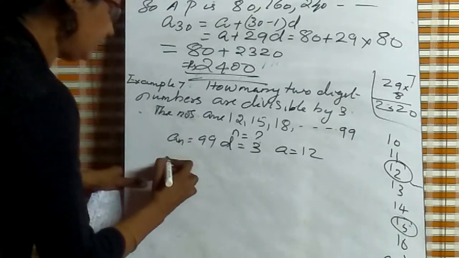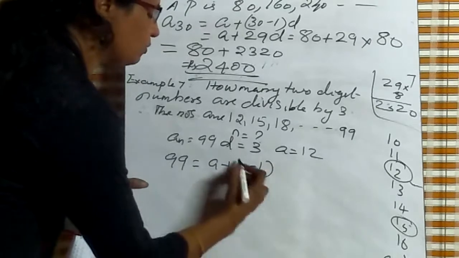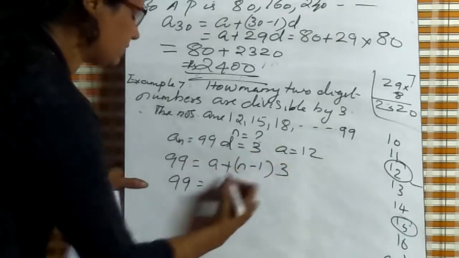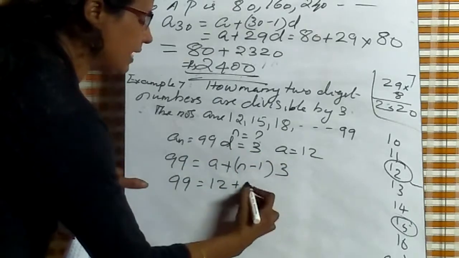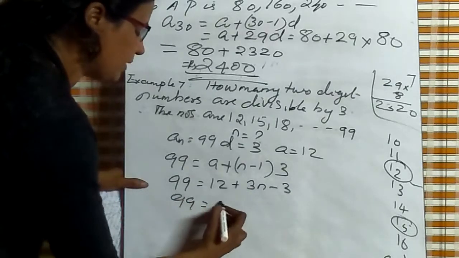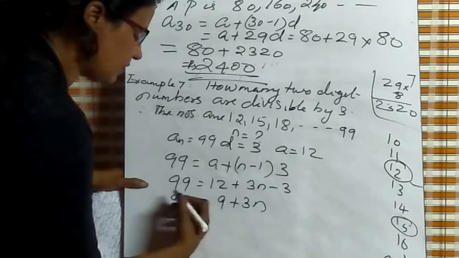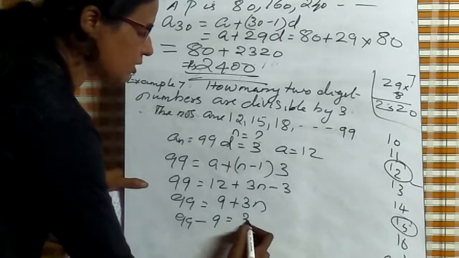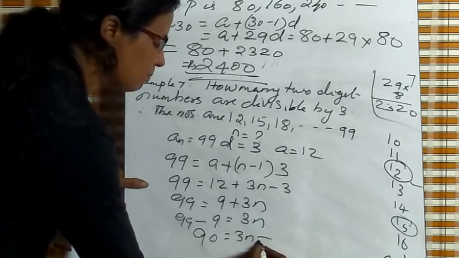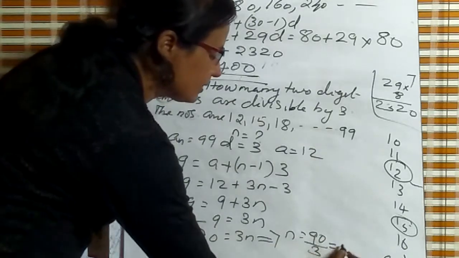And an equal to 99. 99 is equal to a plus n minus 1 into 3. What is a? First term 12, plus 3n minus 3. 99 is equal to 12 minus 3, 9, plus 3n. This 9 goes to the left side: 99 minus 9 is equal to 3n. 90 is equal to 3n, which implies n is equal to 90 by 3.